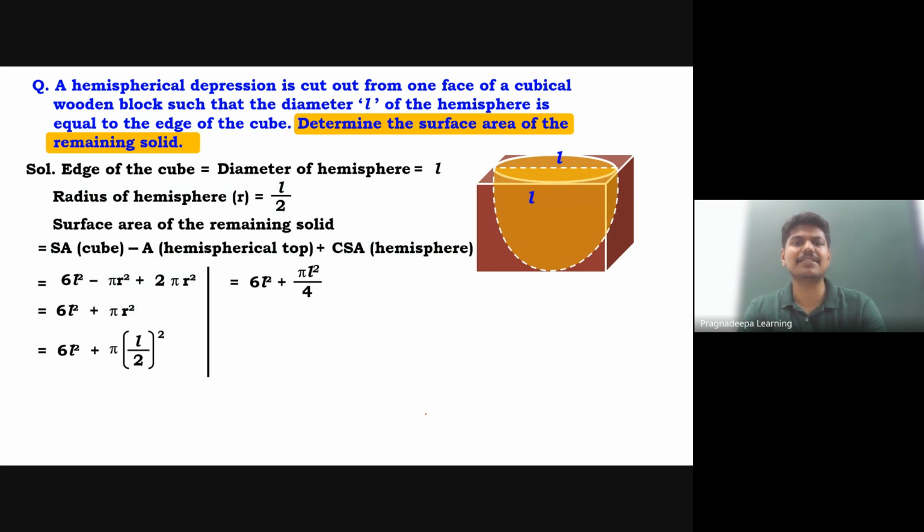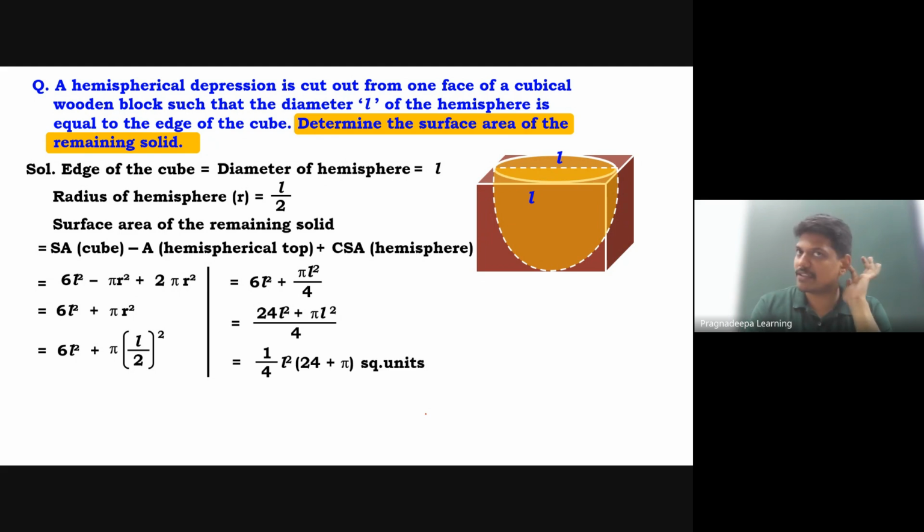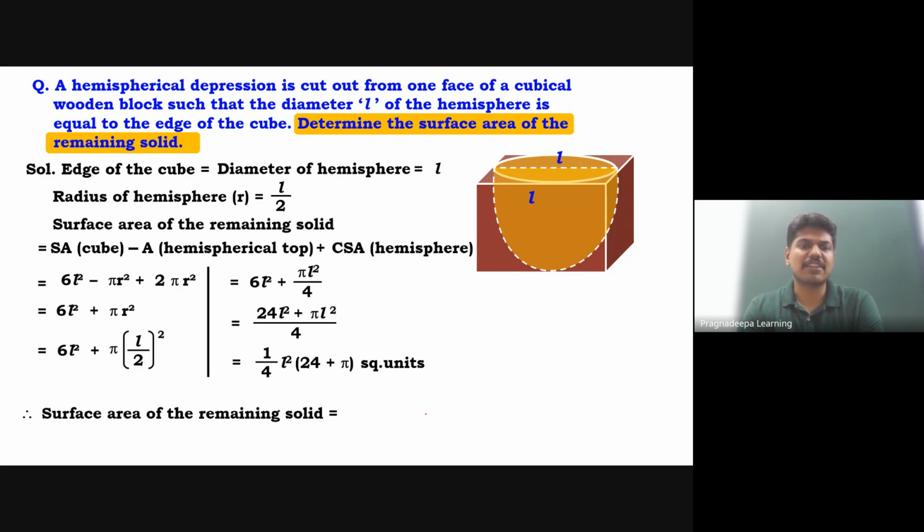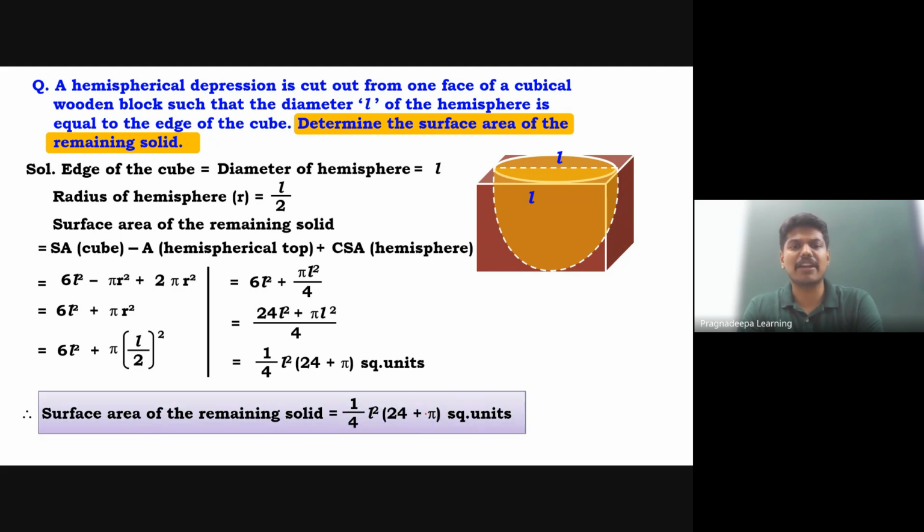Now take the LCM: 24L squared plus pi L squared by 4. So you can rewrite this as 1 by 4 into L squared, taking L squared common, into 24 plus pi, square units. Because L is unknown, you cannot simplify further. Therefore, the surface area of the remaining solid is 1 by 4 L squared into (24 plus pi).